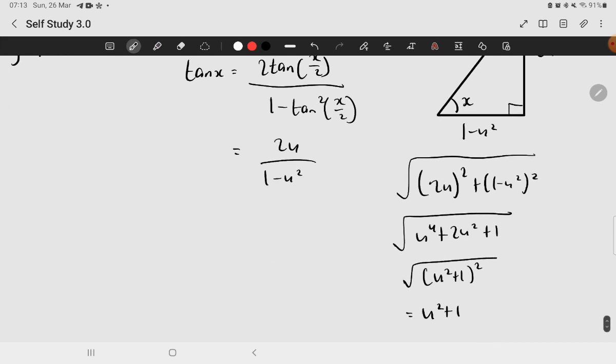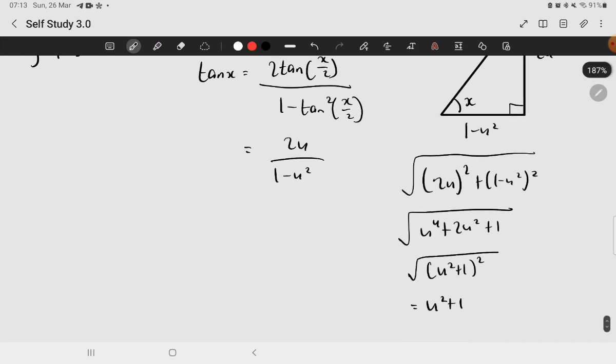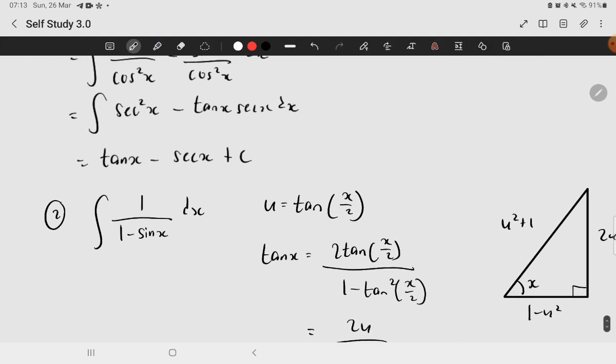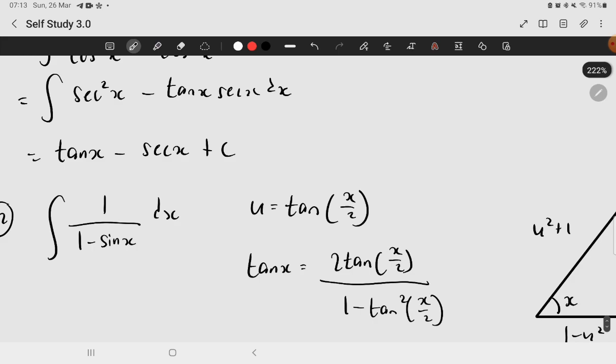And from there, we could find our values for cosine and sine of x. But first, let me take the derivative of u here. So the derivative of u with respect to x, sorry, this equation here with respect to x, will be du is equal to the derivative of tangent of x over 2, which will be secant squared of x over 2, over 2.